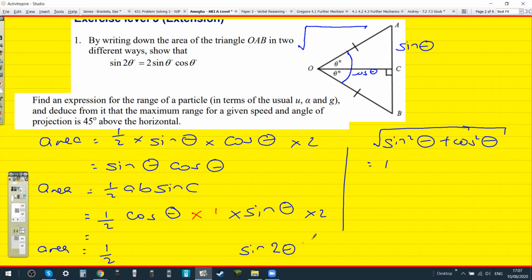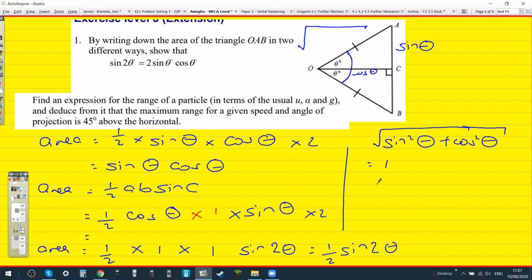Oh, A would just be 1. And B? 1. So that's half times sine 2 theta. So the area is a half times sine 2 theta.